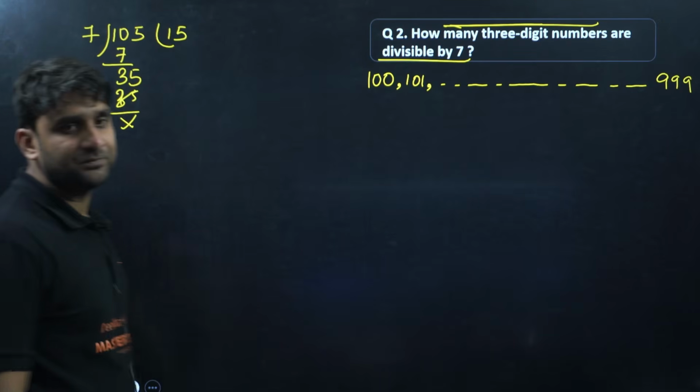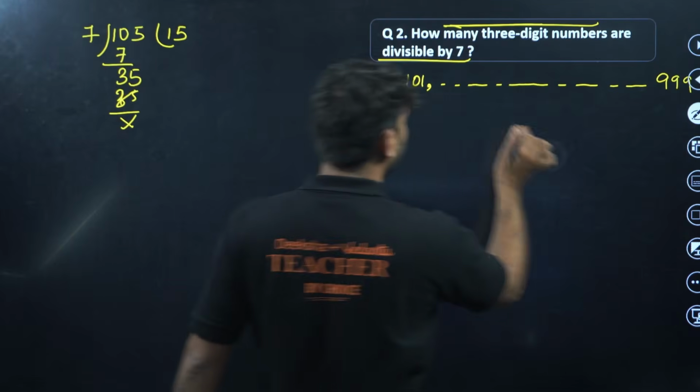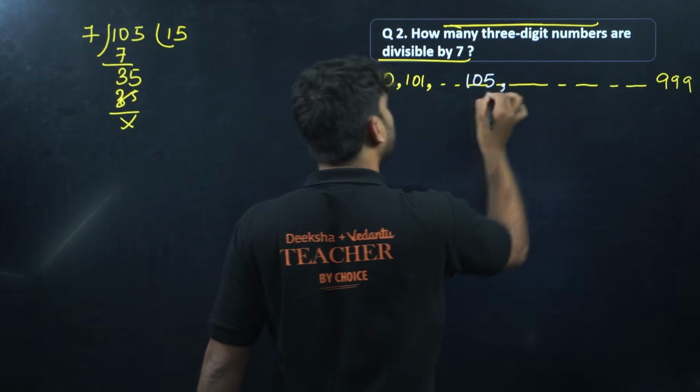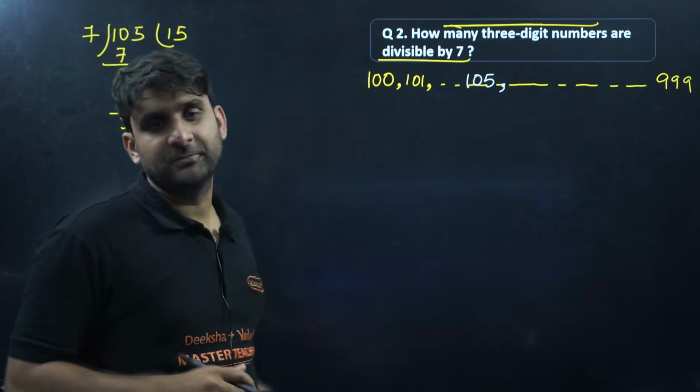This is divisible. So my dear champions, the first 3-digit number which can be divided by 7 is 105.